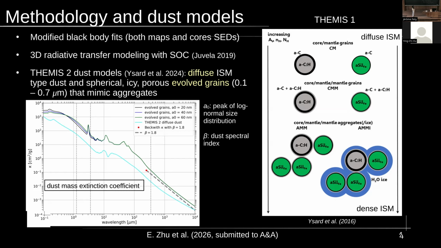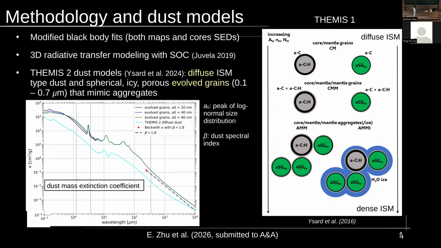So here on the right, you can see an illustration of dust evolution in the framework of THEMIS. Beginning in the diffuse interstellar medium, grains gradually start to grow a second mantle, and then they coagulate together and finally form aggregates with a surrounding ice mantle in the dense ISM.